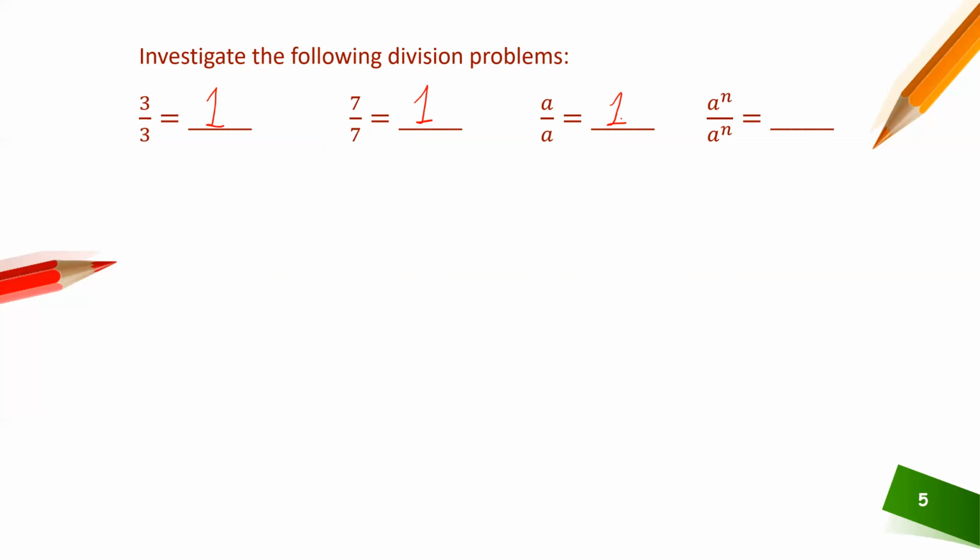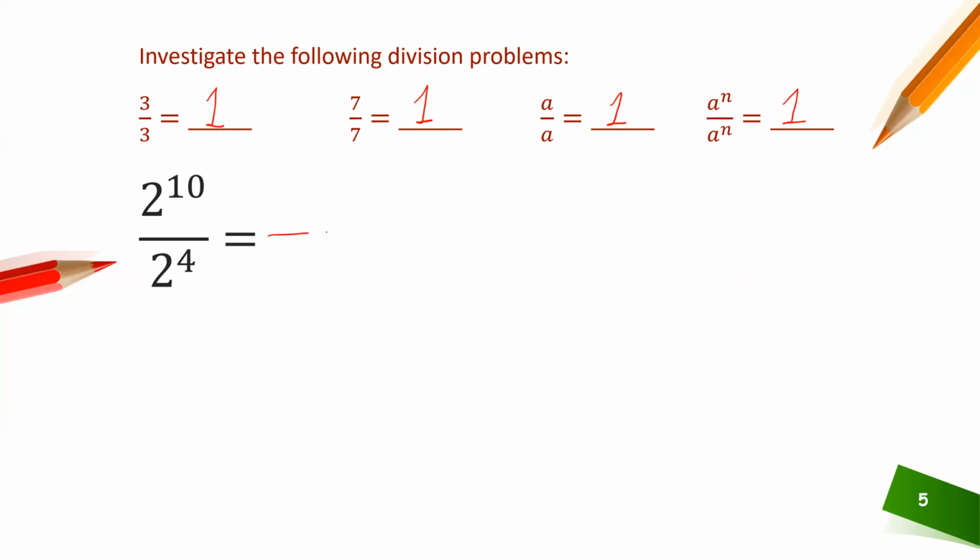Well, what's the difference between those and the next one? There isn't any difference. A to the n is a number, the same number. So a number divided by itself is still 1, right? Okay, that's logical. Yeah? Okay, so we're going to use this concept when we investigate some division of exponential expressions.